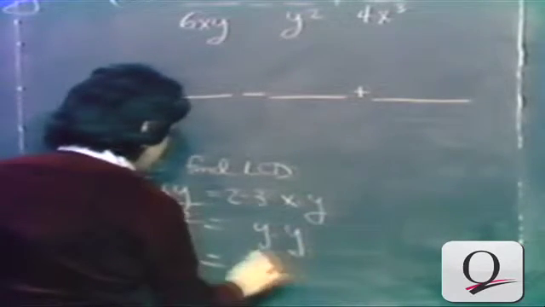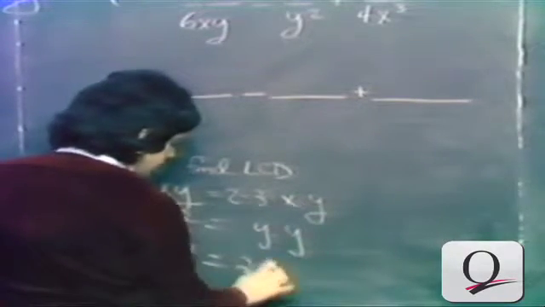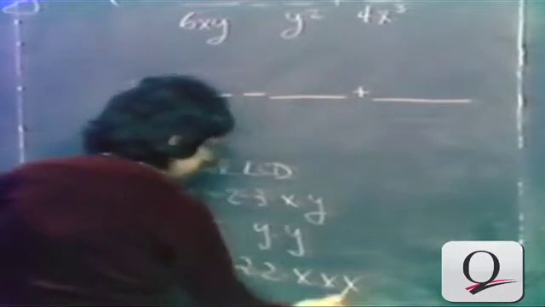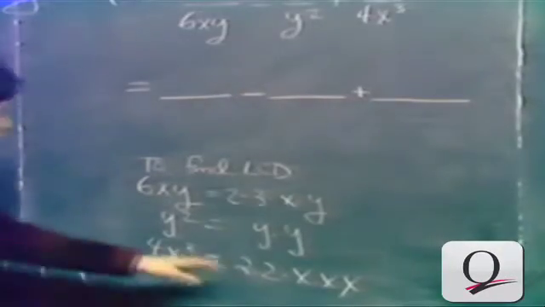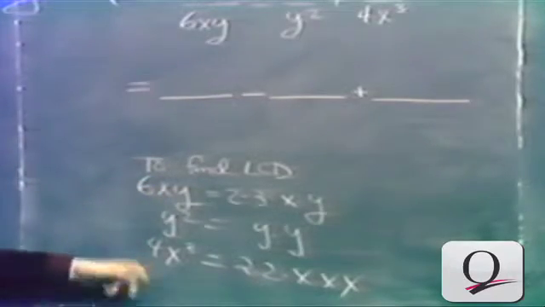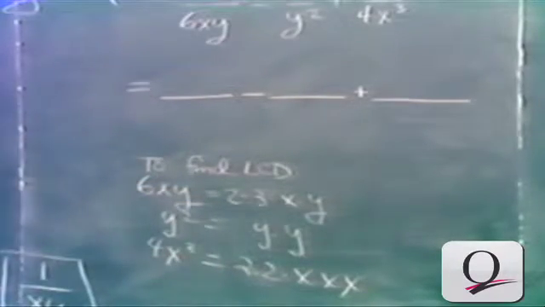This is y times y. 4x cubed is 2 times 2 times x times x times x. Factoring everything completely, and writing the constants in terms of their prime factors.